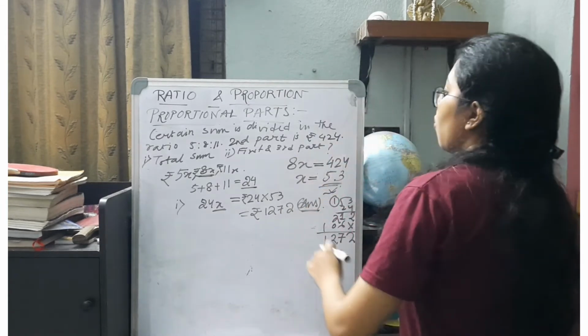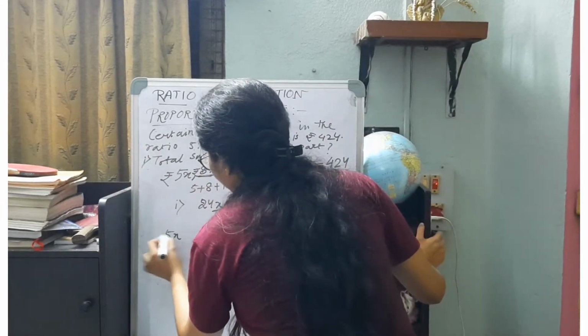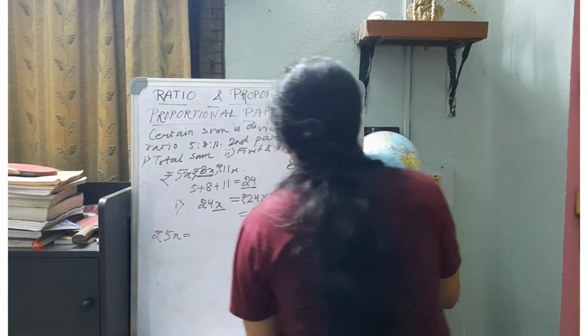And from there, what is the first part? It is rupees 5x, that is 53 into 5.